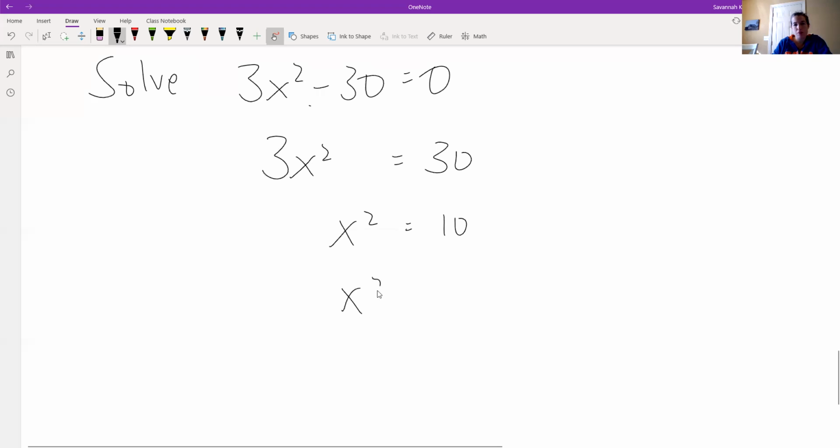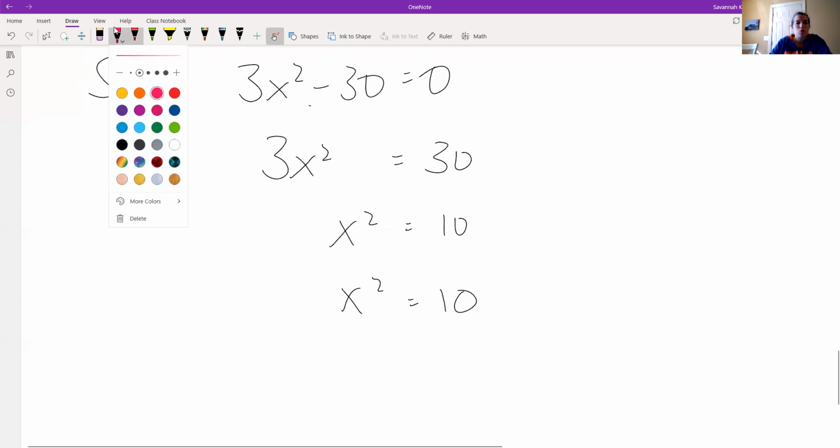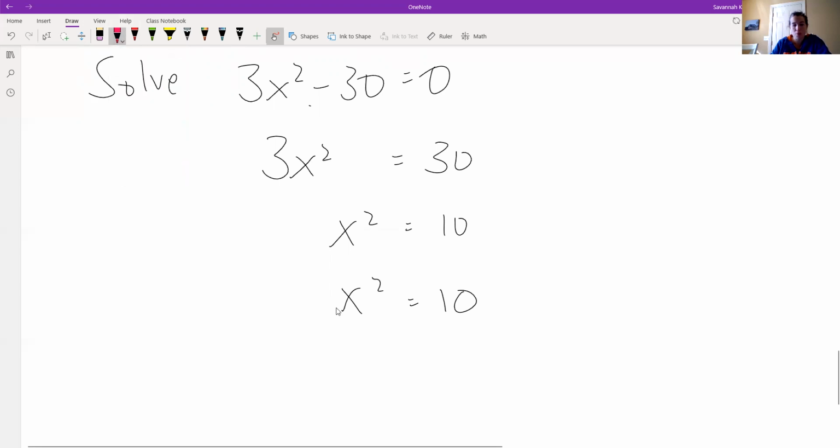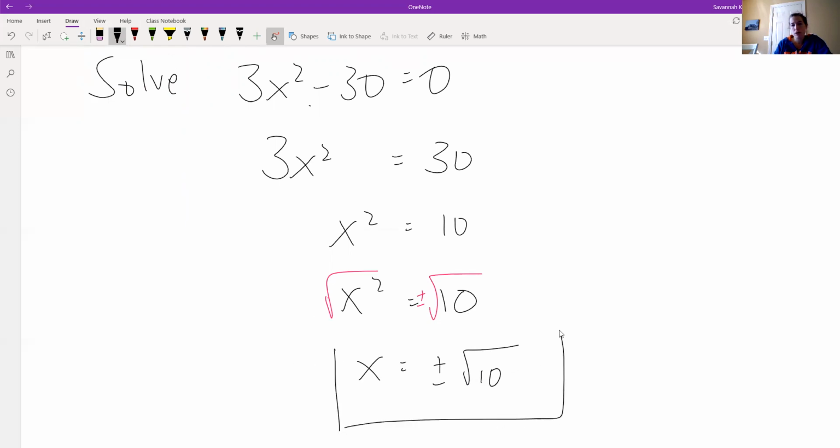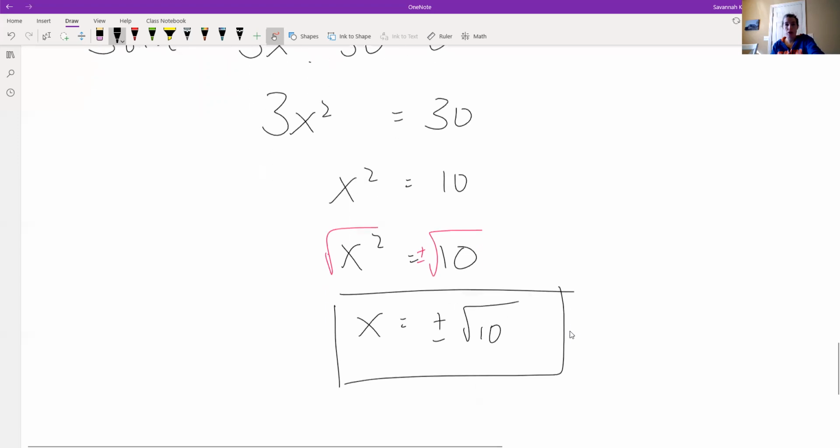Plus or minus the square root of 10. Can't forget that plus or minus. So x equals plus or minus the square root of 10. And considering that 10 can only be broken down as 1 times itself or 2 times 5, we're not going to find a perfect square hiding in there, so we can consider our work here done.